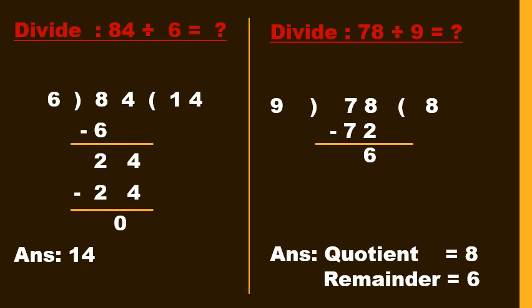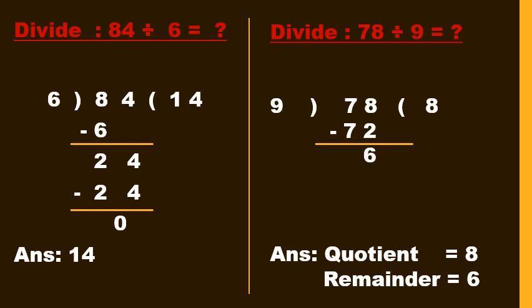First of all, we need to bring 4 ones down. So now we have 24. We will start reciting the table of 6 once again. We know from the multiplication table of 6 that 6 fours are 24.